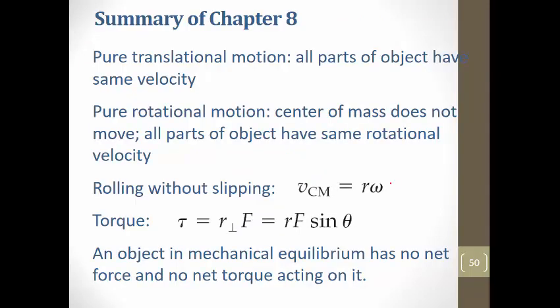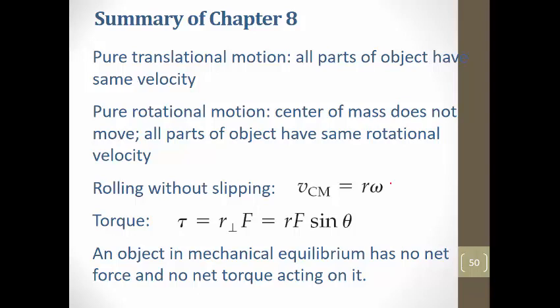So a summary of chapter 8: in chapters 2 through 6, we had only linear motion. In 7, we had only rotational motion. And now we bring it all together and we can have rolling without slipping.